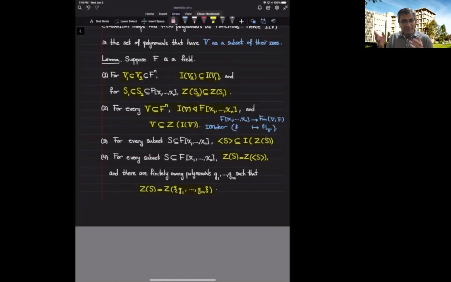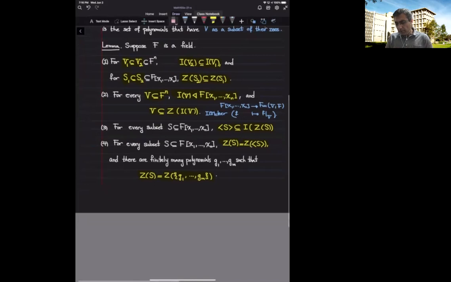Of course, every element of S has this property, because Z of S by definition consists of common zeros of elements of S. So S is a subset of I of Z of S. But by the second property, which we have already discussed, I of Z of S is an ideal of the ring of polynomials. Since S is a subset of this ideal, the ideal generated by S is a subset of this ideal. So that implies part 3.